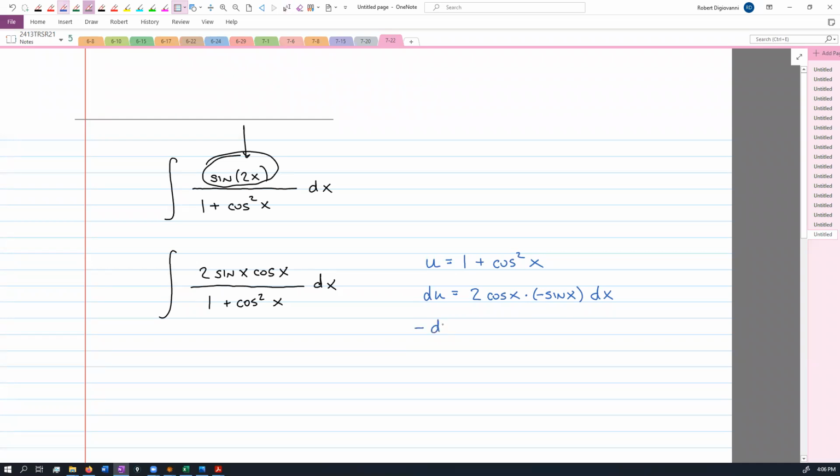So negative du is 2... I'll rewrite it in the proper order. And now it matches this, matches this, and this is that.